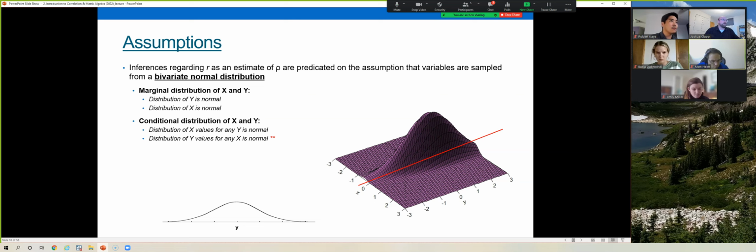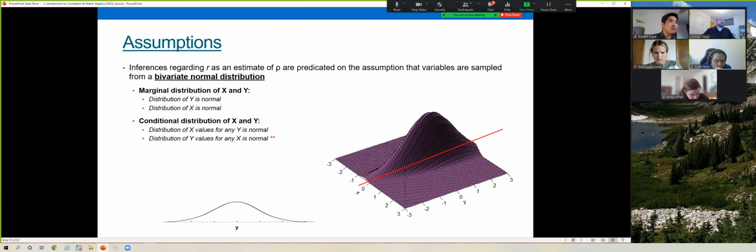Okay, technically. But when we get into regression, we actually will need to assume a bivariate normal distribution because we violate other assumptions. So technically, we don't have an assumption about the conditional distribution of y values in regression, but by definition, we end up having one because we violate stuff in other areas.